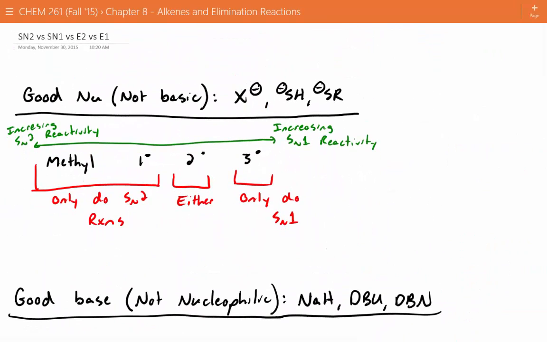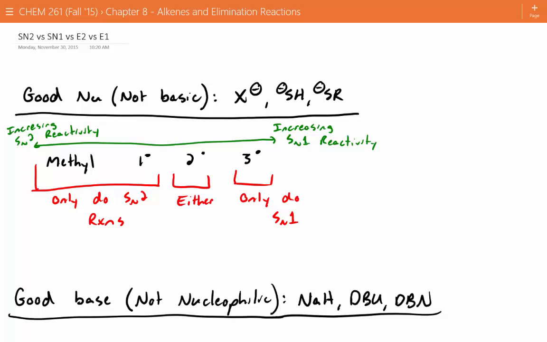So yesterday in class I said we can break down mechanisms based off of the nucleophile strength or the base strength. And we said if we've got a good nucleophile that's not basic, the methyl and primary carbons are going to do SN2. The tertiary carbon is only going to do SN1. And with the secondary carbon, it could do either.